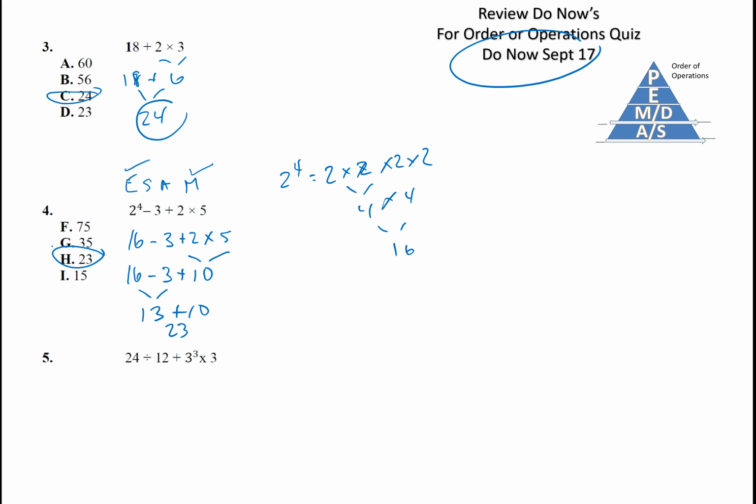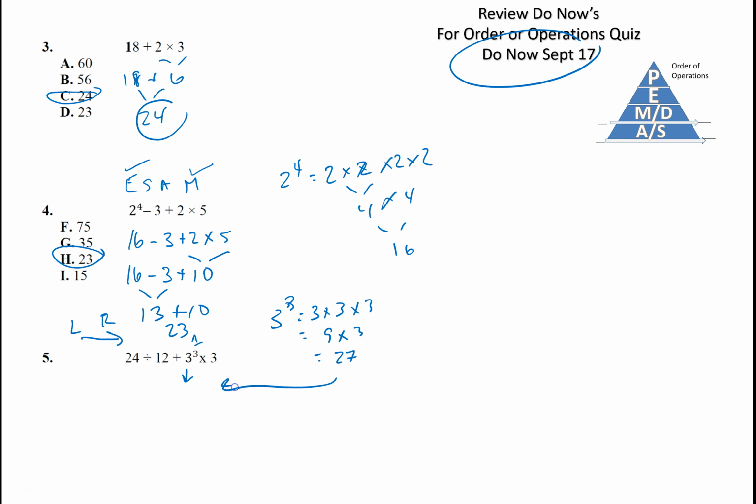Okay. All right, problem number 5 on September 17th. Again, my exponents are first. Then I'm going to do division first, because that's the first one I see when I read from left to right. Then I'm going to multiply, then I'm going to add. So 3 to the third power is 3 times 3 times 3, which is 9 times 3, is 27.